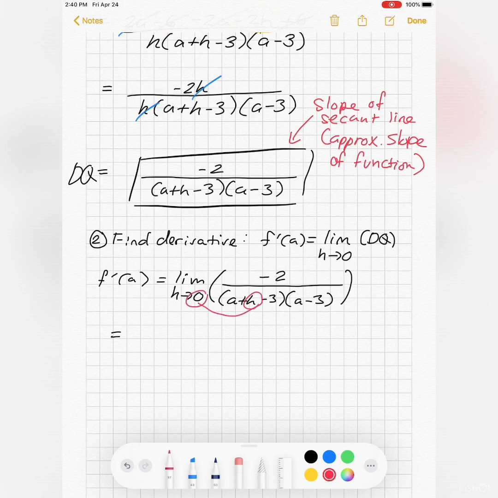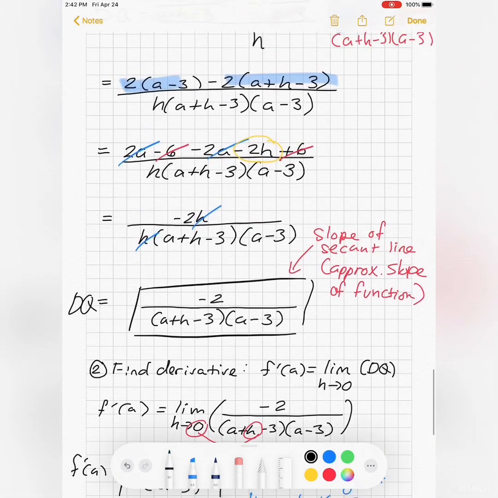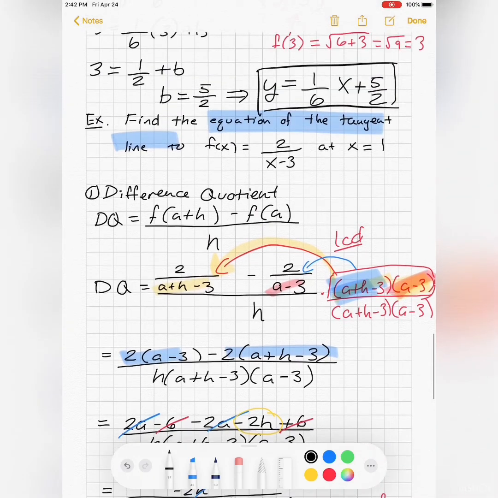So if I go ahead and evaluate, all I'm going to be left with is negative 2 over a minus 3 times a minus 3, so a minus 3 quantity squared. So this is my derivative. This gives me the slope of the tangent line at x equals a.